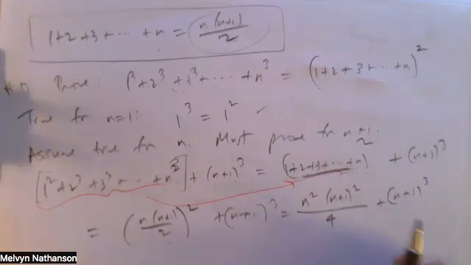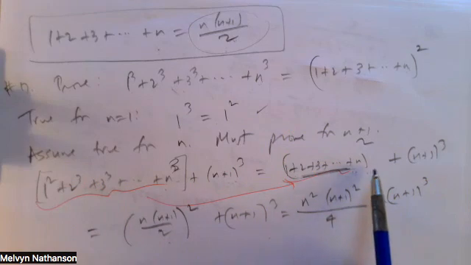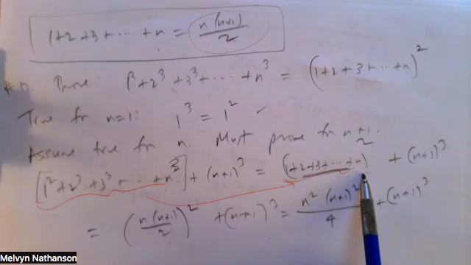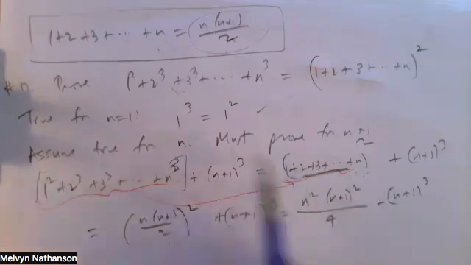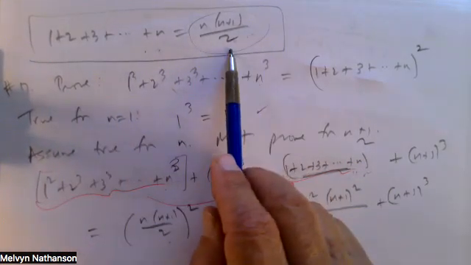Wait, where do you get the n times n plus one over 2 squared? I have the sum of the first n numbers squared. Do you see where I got this? Yeah, from the question. And what's the sum of the first n numbers? n times n plus 1 over 2.